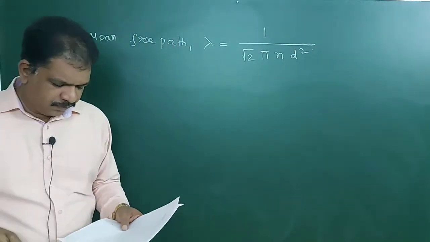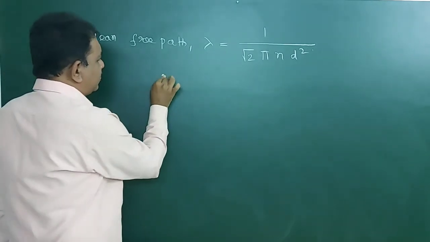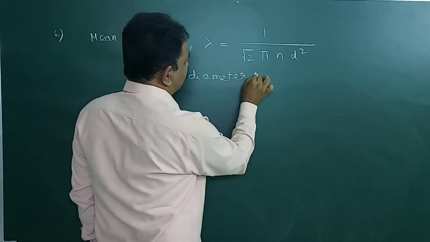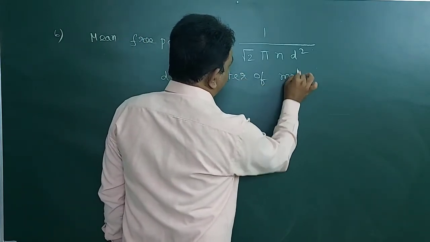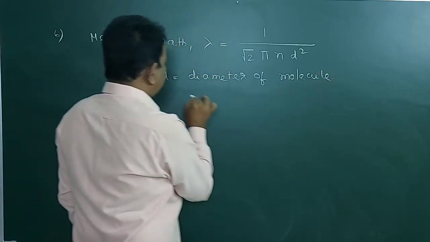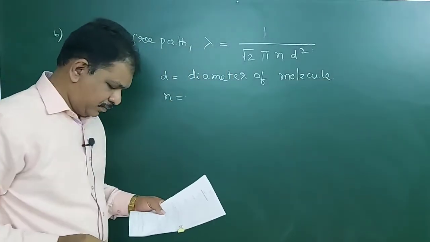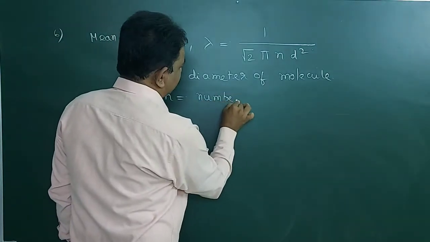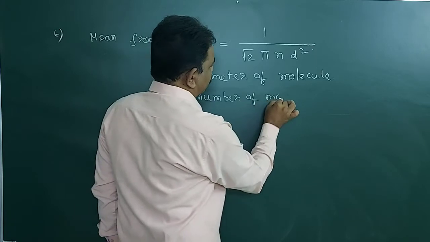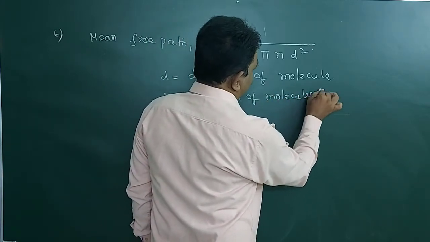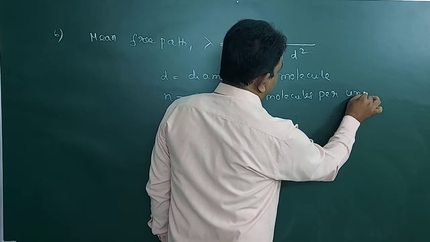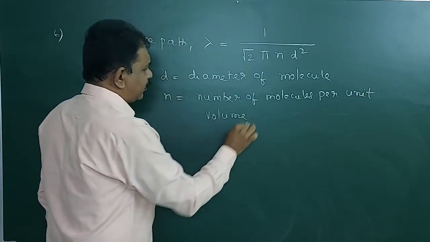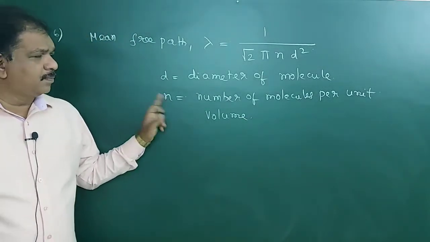This is the formula where d is equal to the diameter of the molecule, n is equal to the number of molecules per unit volume, number of molecules per unit volume.